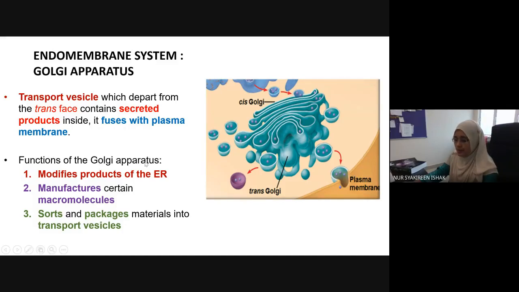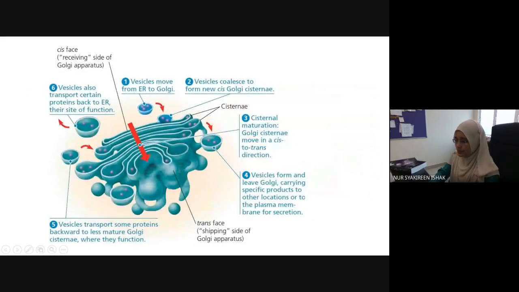So the function of the Golgi apparatus is to modify products of the ER, which are the proteins or glycoproteins produced, and then manufacture certain macromolecules, and also sort and package materials into transport vesicles. Okay, transport vesicle ataupun secretory vesicle. So sama je, this explanation goes to this diagram.